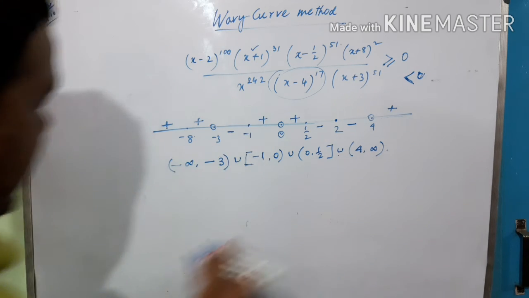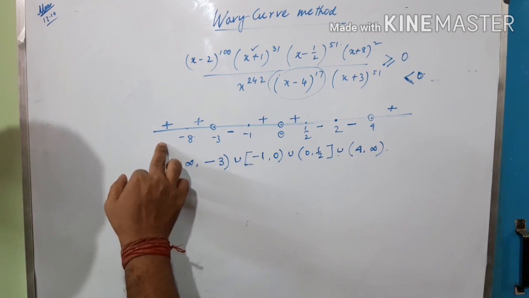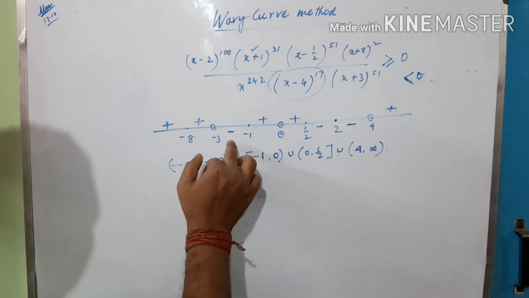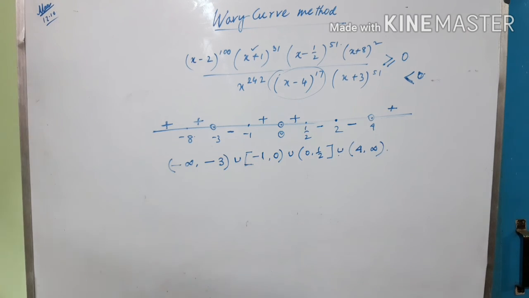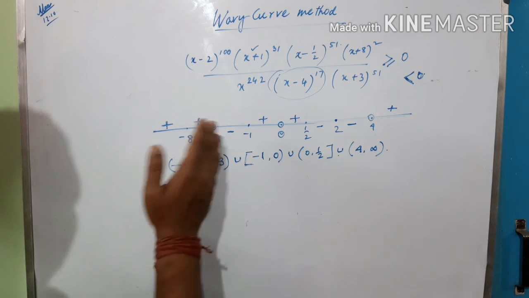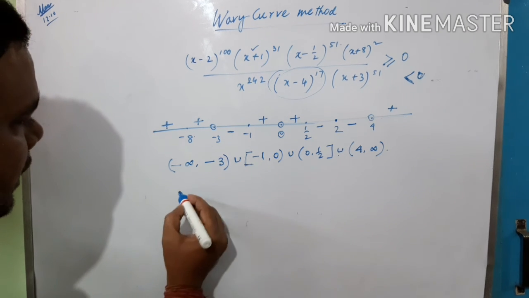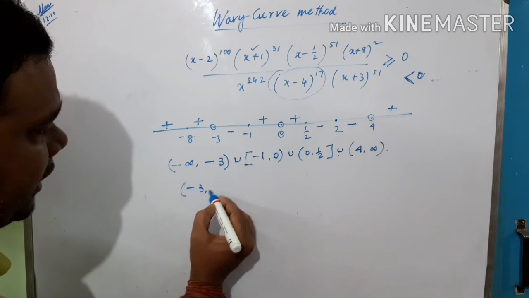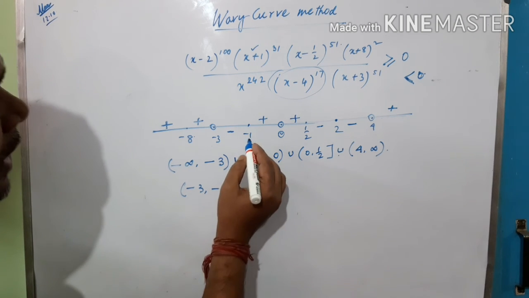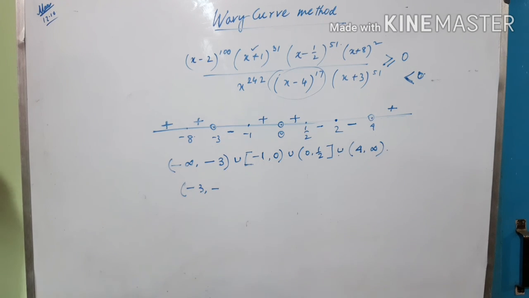Now see where it's first less than 0: positive, positive, minus 3 to minus 1, it's negative for the first time, and minus 3 is a pole. So what we are writing here is minus 3 to minus 1. Minus 1 is the value of the root, clear?